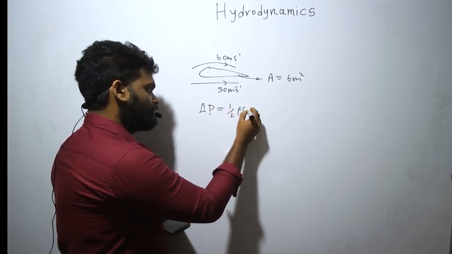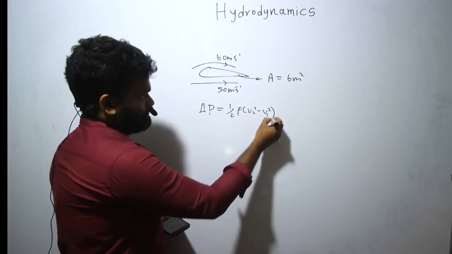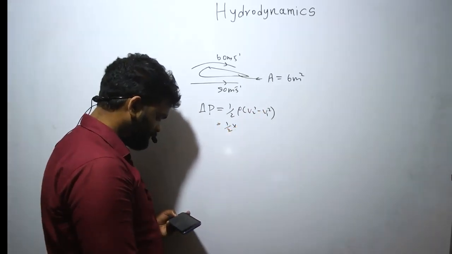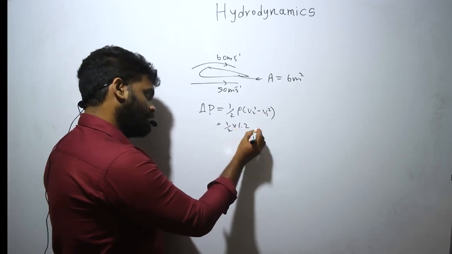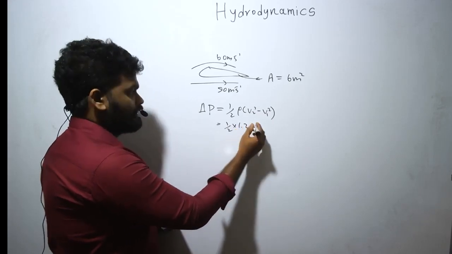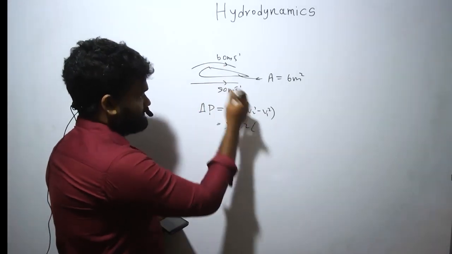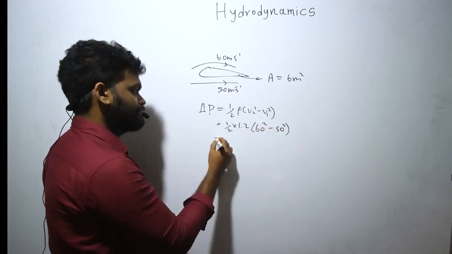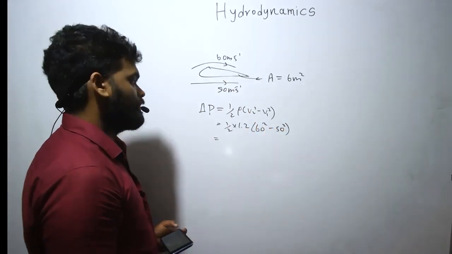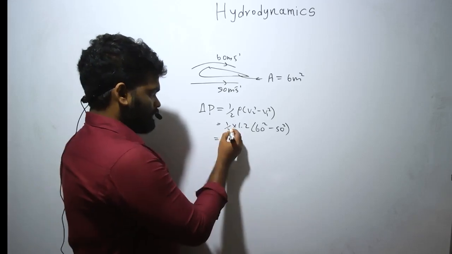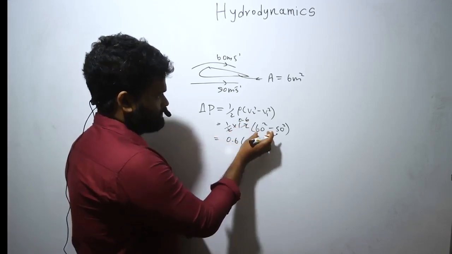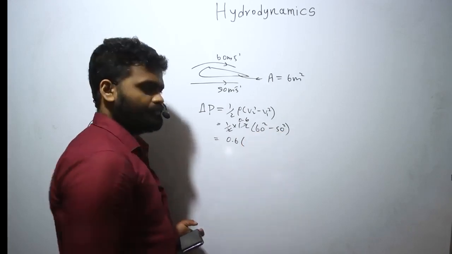That is half rho, density, is it given? 1.2, right? That is density of air. V2, that is 60 squared minus 50 squared. Okay? Right. 0.6. So 60 squared minus 50 squared.